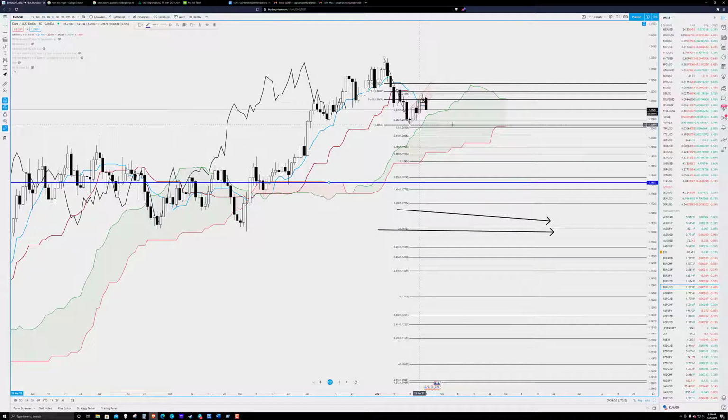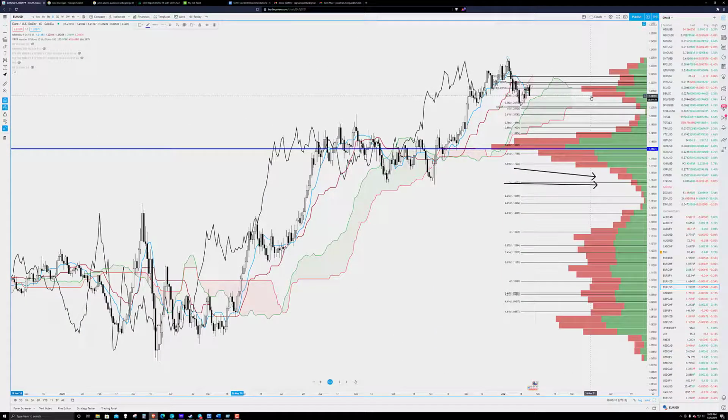But definitely keep a lookout for a fast move here. Again, if we break down below and close below the 121.13 zone, expect a pretty deep dive south over a very fast period of time.